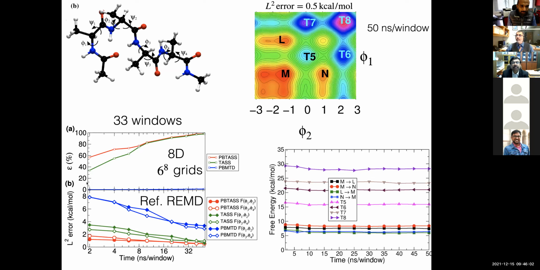Even in 2 nanoseconds per umbrella window, you can see that this new approach is able to sample 50% of this 8D surface, but the conventional TAS is less than 40%. Of course, both approaches are still good: in 15 to 30 nanoseconds you sample more than 80% of the 8D surface.